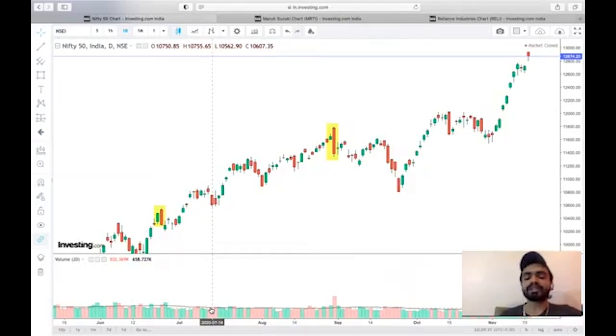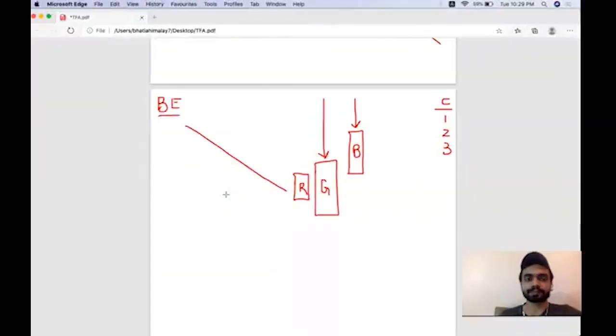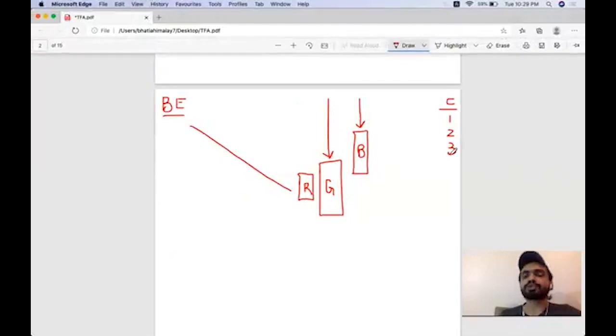The black faded line over here is your average. That is known as good volume. So volume should be high or good on both these days. Now these criteria constitute up to 90% of the trade. So if these are fulfilled, it is sufficient for me.